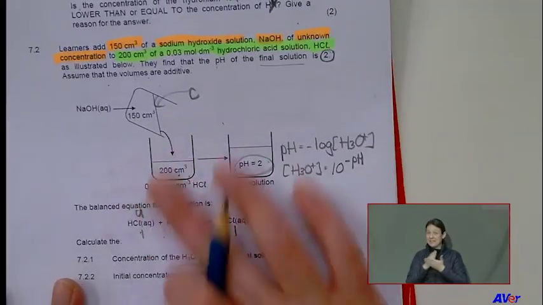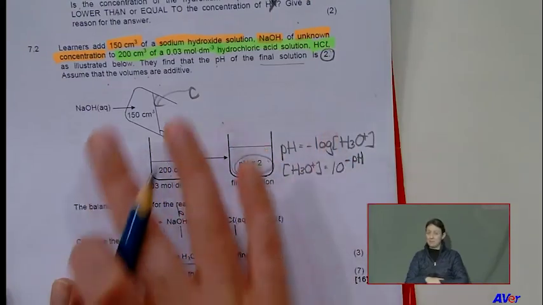Happy with that? So what does it tell us? The fact that it has such a low pH tells us that which ions are in excess? Hydronium. Okay, so in other words, there is acid left. There is acid here that did not react. Some of this acid did not react.